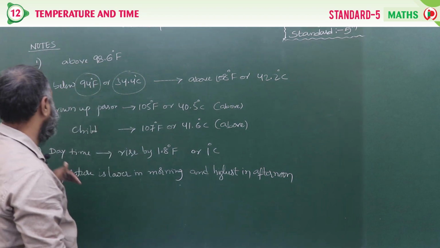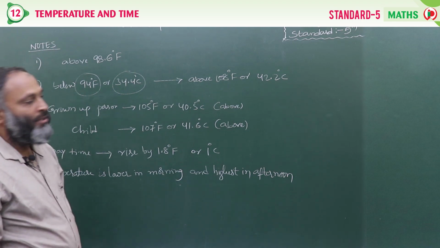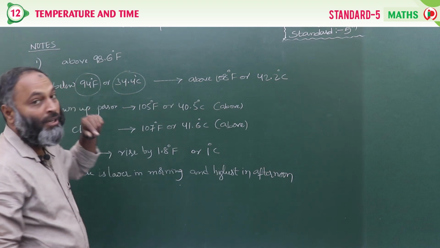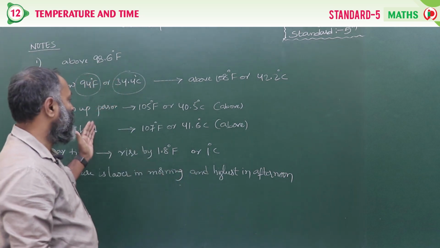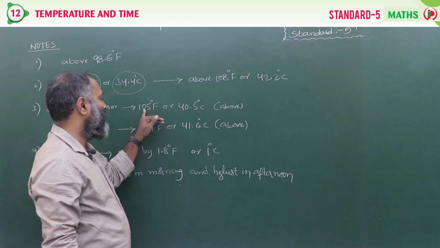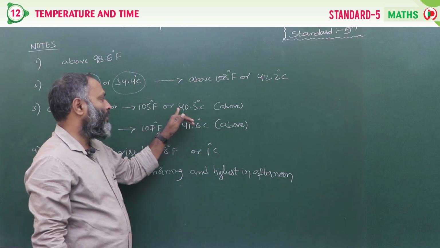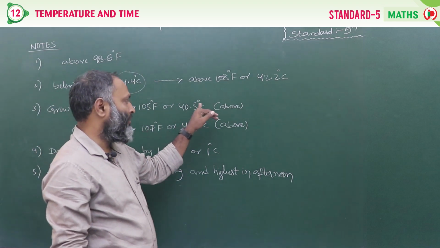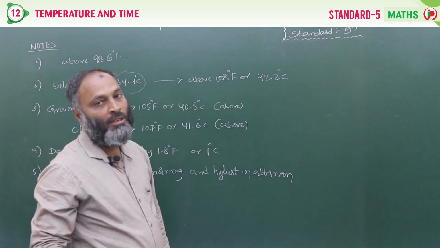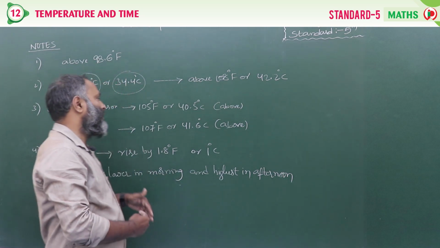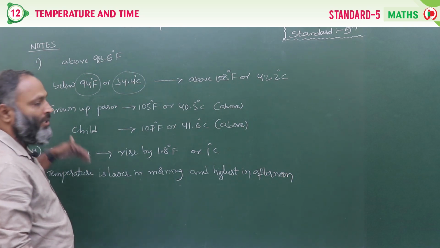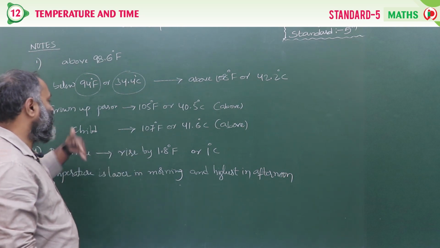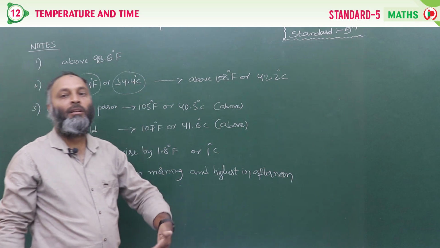Now, the grown up person temperature. A grown up person's temperature should not exceed 105 degrees Fahrenheit, or 40.5 degrees Celsius. This applies to teenagers, from 8 years to 19 years.